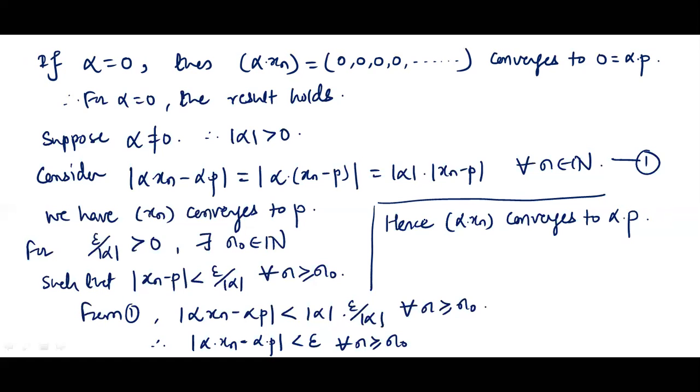Okay. Means this result is also true for alpha non-zero. Means we proved that if we have a convergent sequence xn that converges to p, and alpha is any real number, then the scalar multiplication of alpha and xn converges to a multiplication of alpha and p.